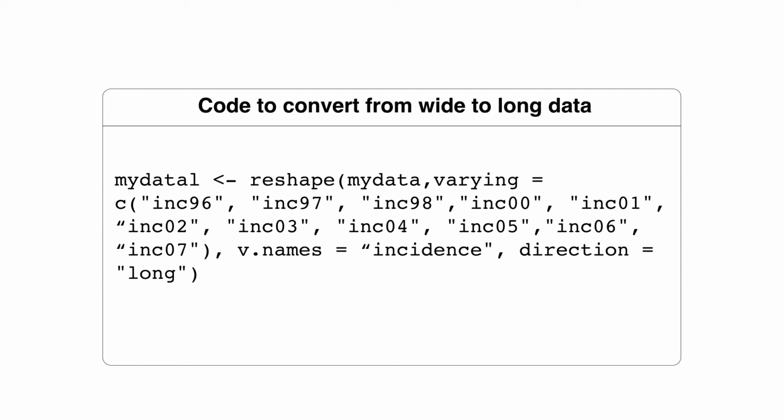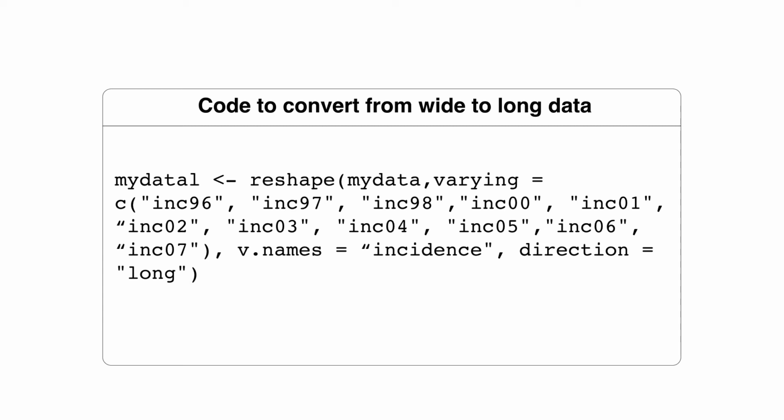And therefore the variable which will keep these repeated units, we name that variable incidence. So v.names is a variable which will store the repetitive counts of these years that are present in the varying option.